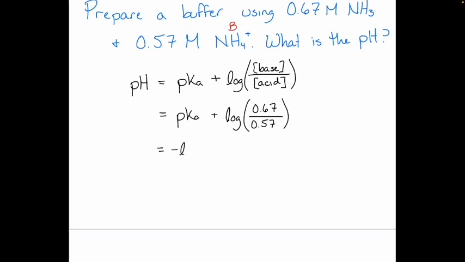So I'm going to take the negative log of that value, plus the log of that acid to base ratio, or base to acid ratio.